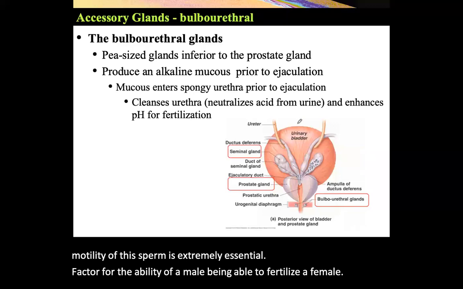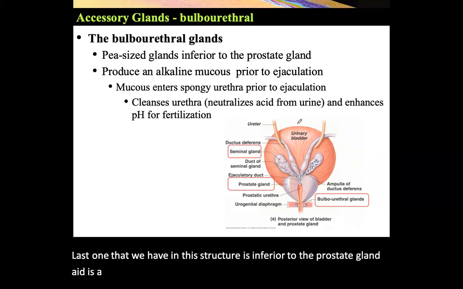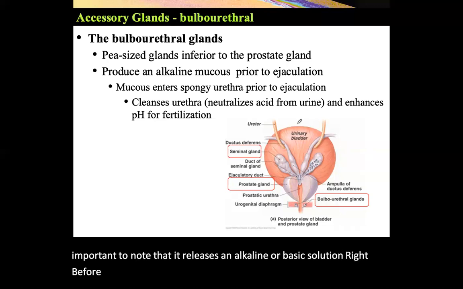The last gland that we have in this structure is inferior to the prostate gland. It is a small organ referred to as the bulbourethral gland. It is important to note that it releases an alkaline or basic solution right before ejaculation.